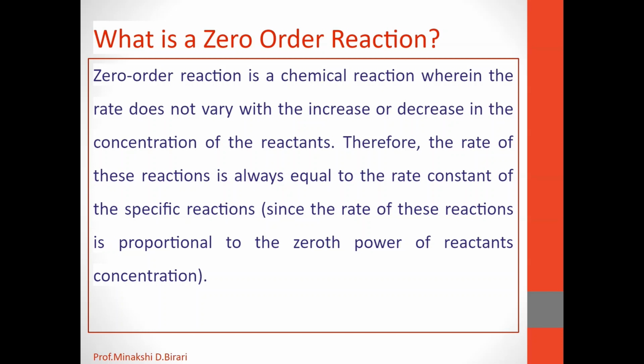So, a zero order reaction is one whose rate is independent of concentration. Zero order reactions are uncommon, but some heterogeneous reactions have an order of 0. The rate of zero order reaction remains constant and does not change with time as it is independent of the concentration of the reactant.